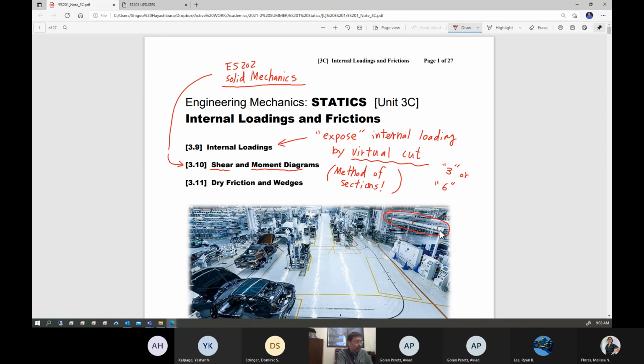You can find out all of those things by starting from this. So this is very important fundamental knowledge. If you don't understand this, people usually have a very difficult time surviving in this class. So stay focused. And then we're going to finish up this section with dry friction and wedges, something called static friction forces. Okay, let's move on.